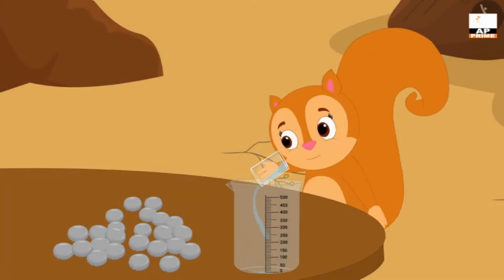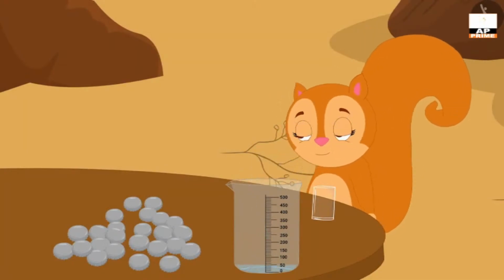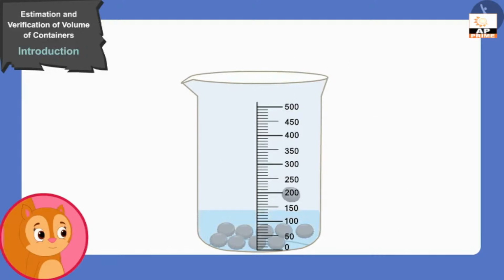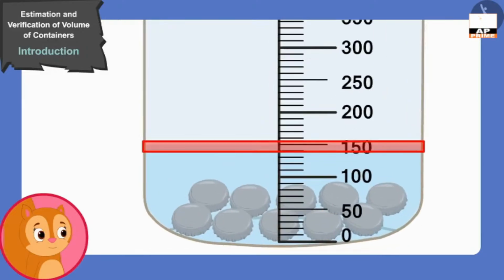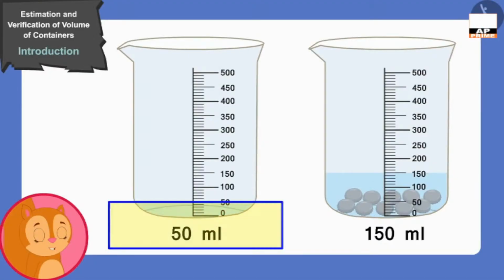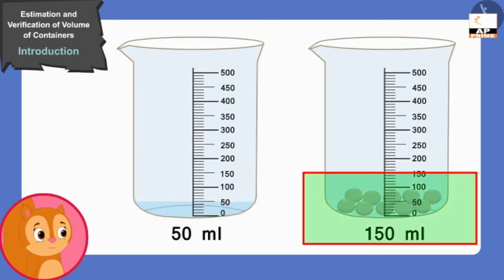Chanda filled 50 milliliters of water in that measuring cup. Then, she put 10 covers in that measuring cup and the water level came up to 150 milliliters. Well, first the water level was at 50 milliliters and now it has risen to 150 milliliters.